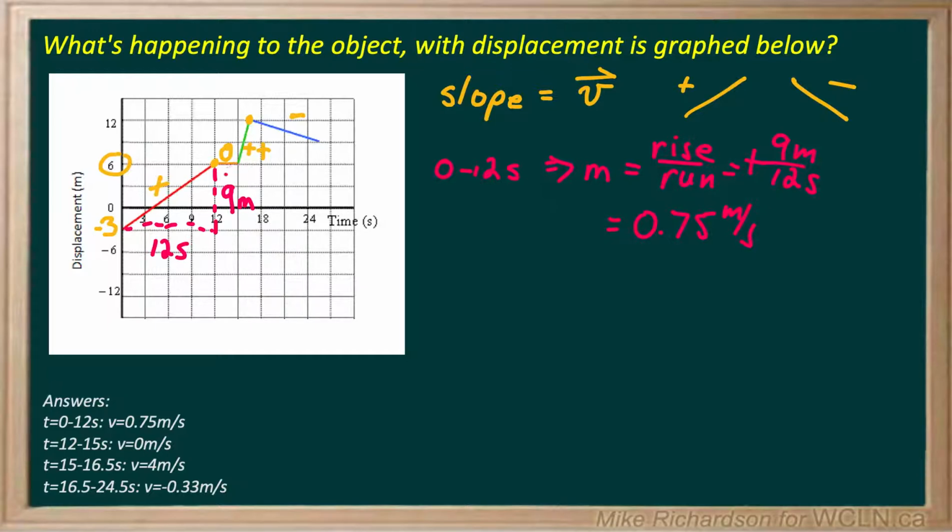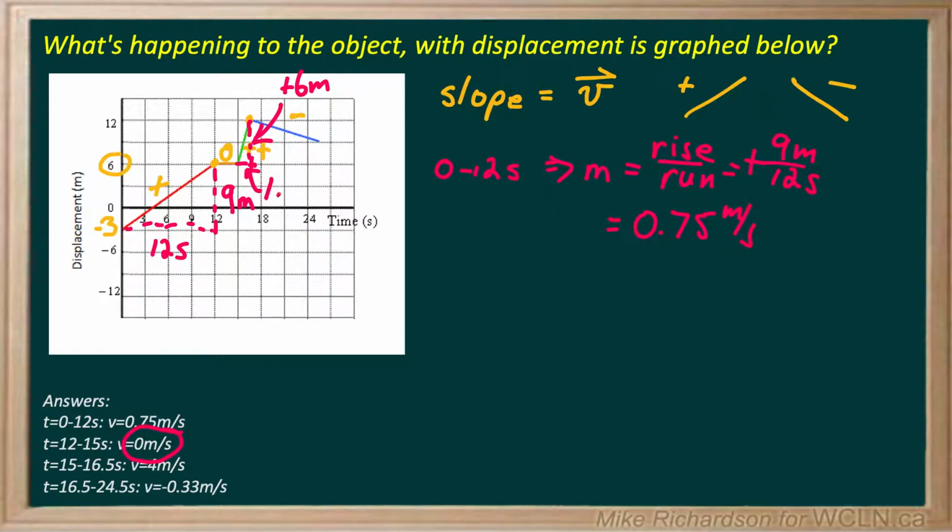Now we already talked about the second region. The second region is flat, so the slope will just stay at 0. And in the third region, we do the same analysis. So here my rise, and there's my run. My rise goes from 6 to 12 meters. So my rise is +6. And the run is between 15 and 16.5 seconds.